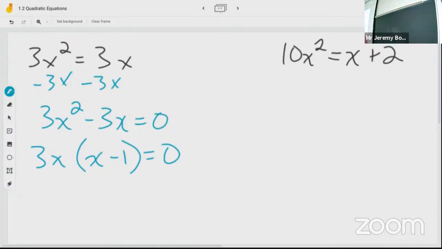And so we have 3 terms multiplied together, right? So 3 times x times x minus 1. I know that 3 can't equal 0, right? That means either x is going to equal 0 or x minus 1 is equal to 0. So that's one way to get rid of the 3.